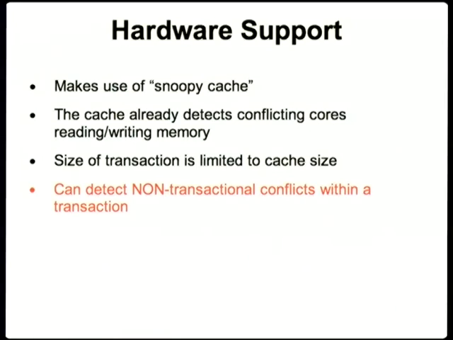Well, the nice thing about the hardware support is it'll handle that just fine, because within a transaction, it's just saying, did somebody else go and modify this piece of memory that I used earlier in the transaction? If it did, oh crap, we have a conflict, let's roll back. Okay? So it's better at handling code that's not correctly transactionally wrapped than the software support is. Probably not a good idea, I'm just saying it's better.